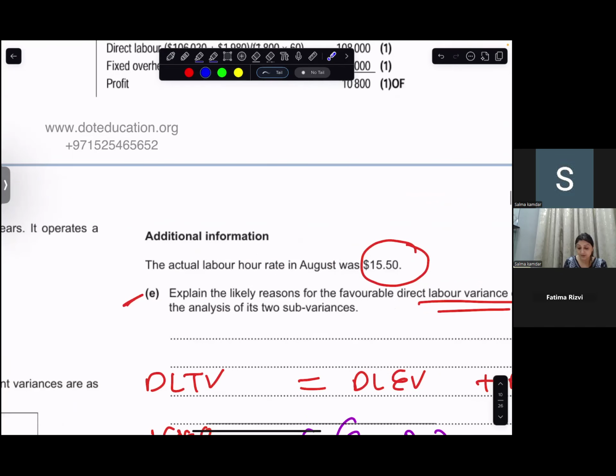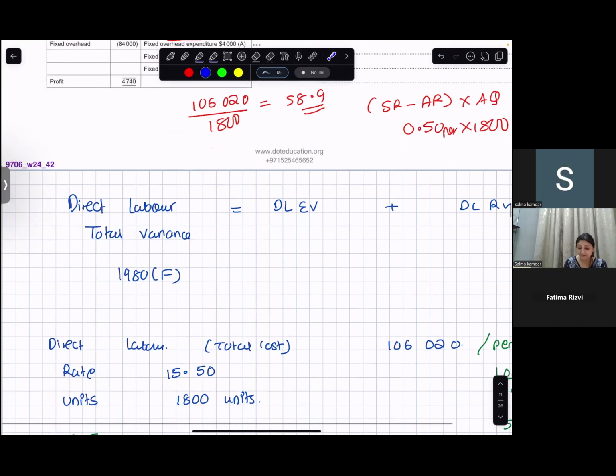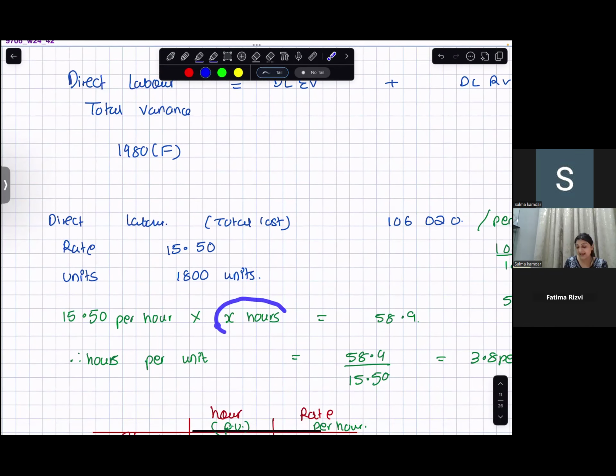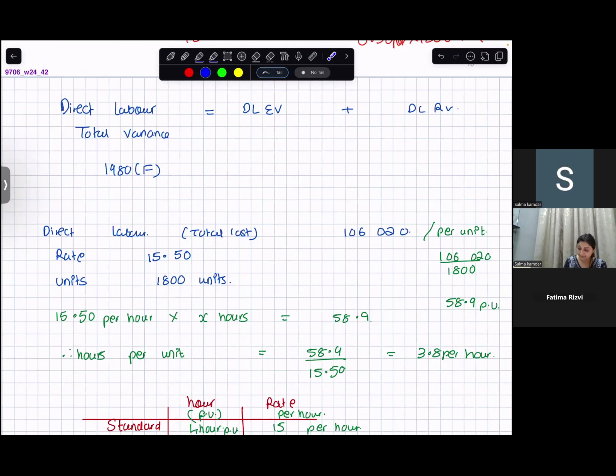So 15.50 per hour multiplied by the actual number of hours would give the 58.90. The actual hours per unit I would get is 3.8 hours per unit.